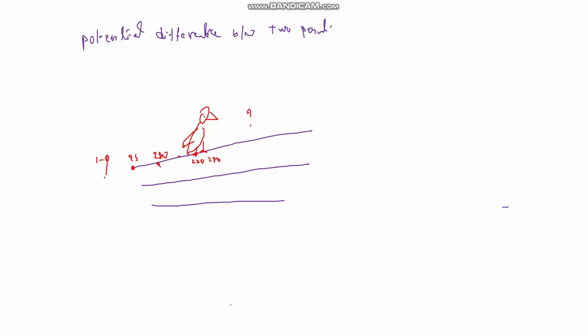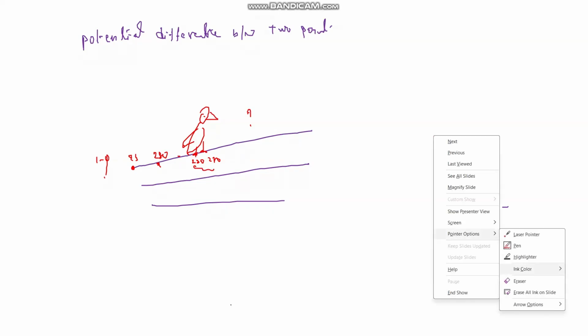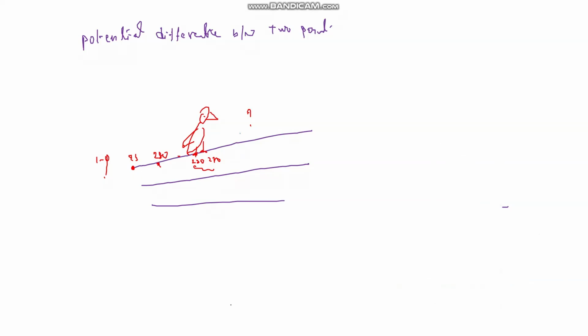The potential difference between these two legs is zero. That's why there is no current flowing through the body of the bird, and the bird won't get shocked.